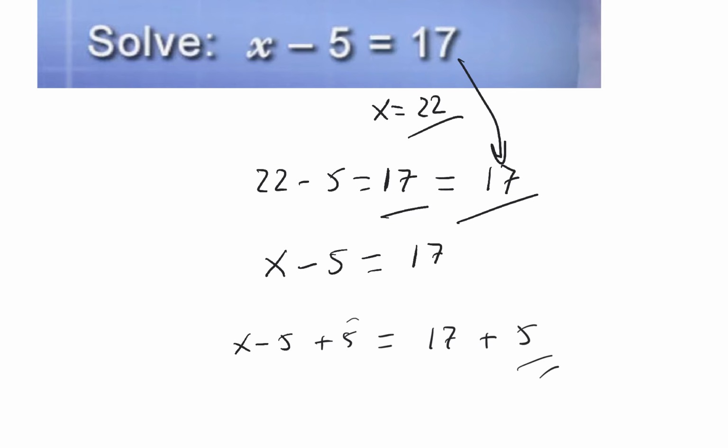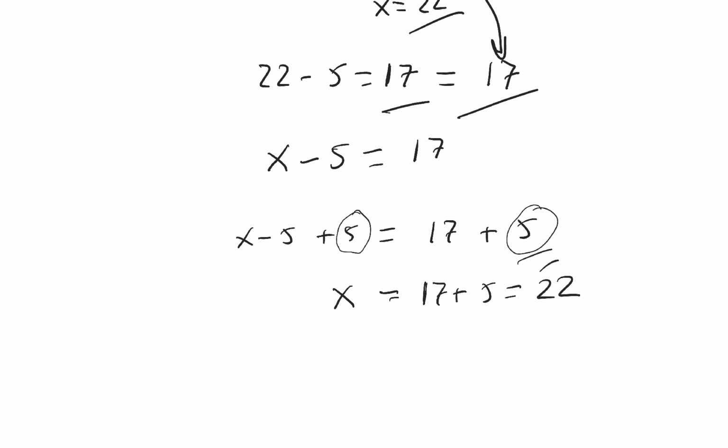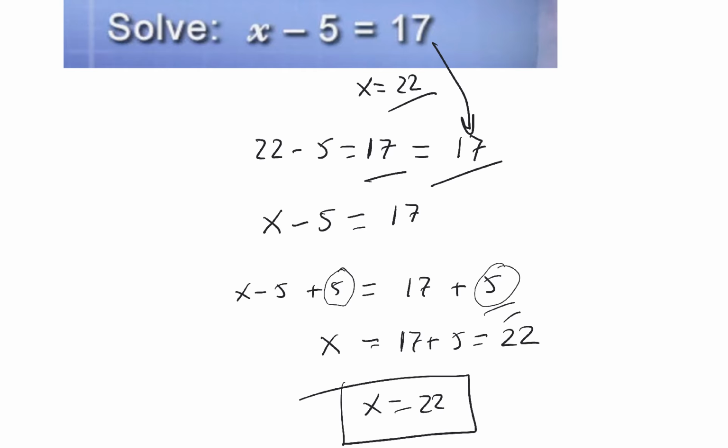So now I choose to sum 5 on the right and 5 on the left. Minus 5 plus 5 is 0, so I have isolated the x. The x is 17 plus 5, which is 22. So I have found the solution, x equals 22. This is the method that we use: isolate the x.